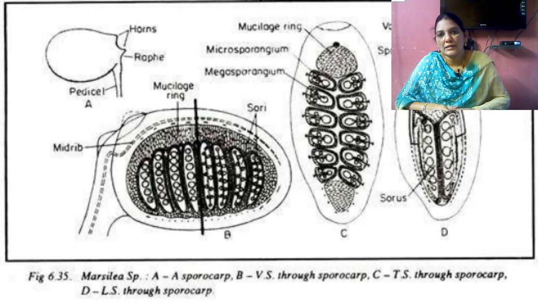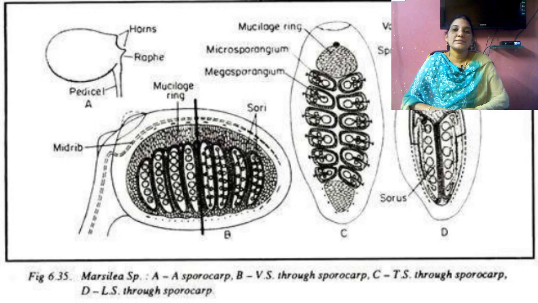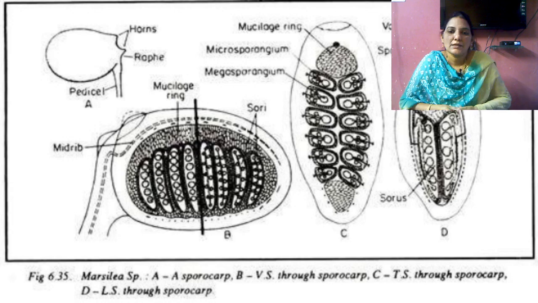Mucilage rings are present on the outer side and inner side, and in between the mucilage cavities, 20 sori are present. Each sorus has two very thick layers, which are called the indusium.